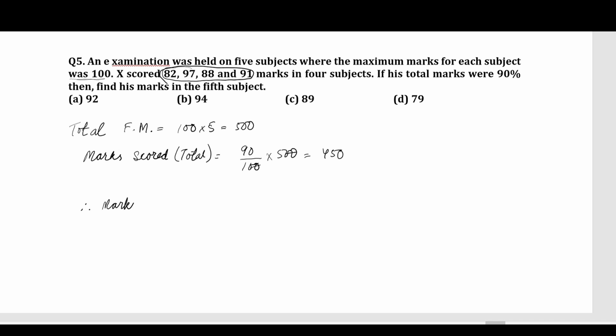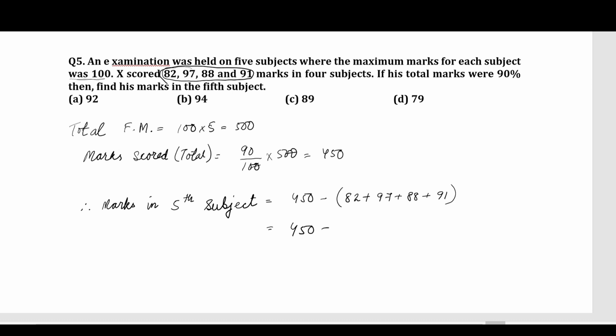Therefore, marks in the 5th subject is 450 minus (82 plus 97 plus 88 plus 91), the scores of the first 4 subjects.